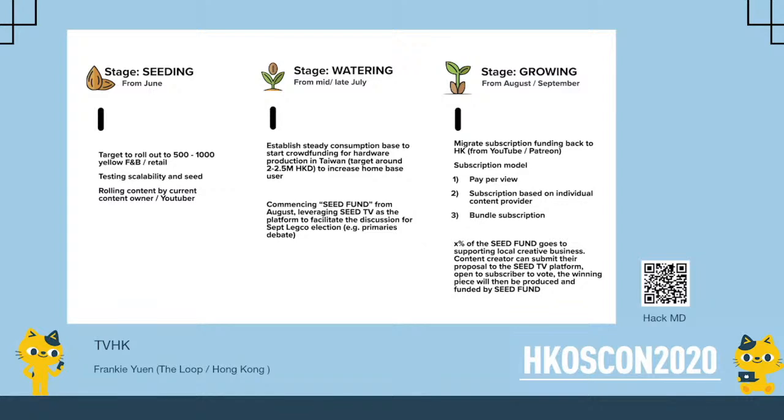So what they can get from the distribution network would be pretty much, let's say, 90% instead of just 70%, so they can get more money out of producing the content. And it's only fair because it's the community itself who helps to lower the cost, and ultimately we can ship more money back to the content creators, so it can be sustainable, so that they can create great content for the people of Hong Kong.